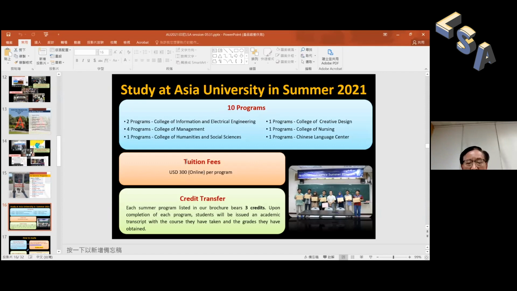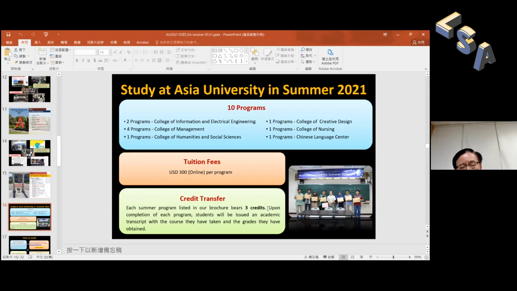Actually, the tuition fee for each program is $300 US, but because you are partners, for students from partner universities, we don't charge. For each course, we have 3 credits, so you can do the credit transfer.